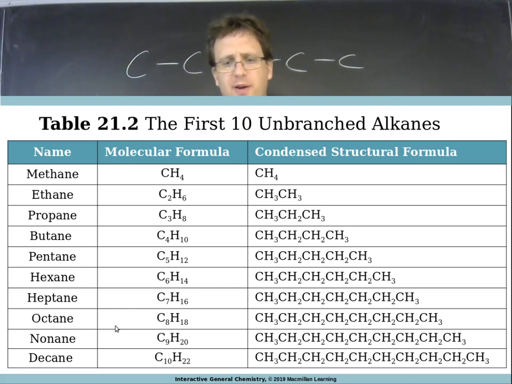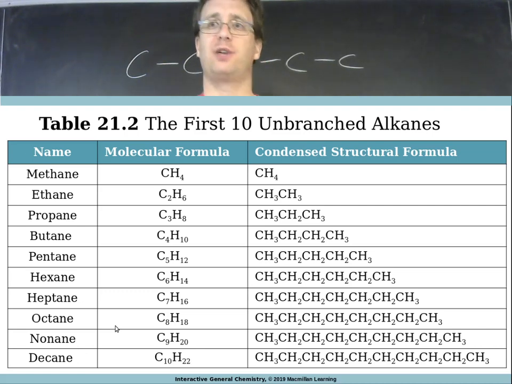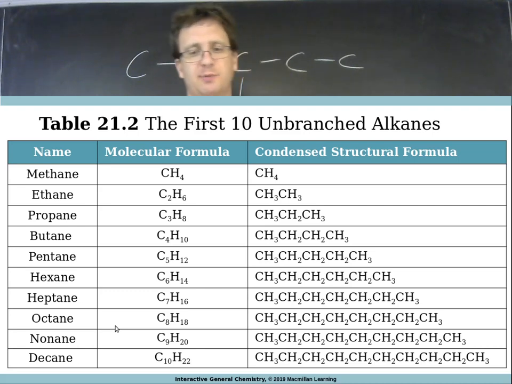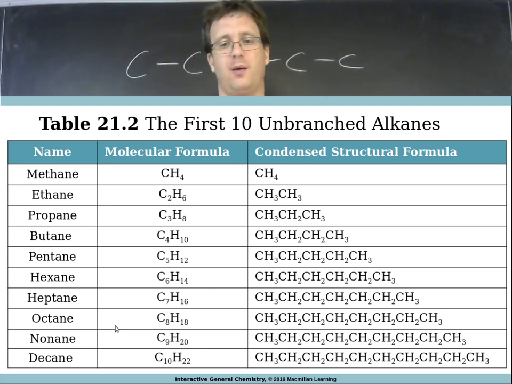But the parent names here for 1 carbon is methane, for 2 carbons is ethane, for 3 carbons is propane, 4 carbons is butane. You've probably heard at least some of these names before, but they don't follow the mono, di, tri, tetra, penta prefixes that we're familiar with.